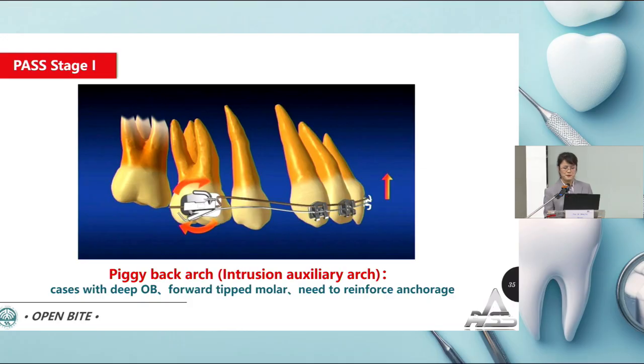The second step: if we face a deep overbite or forward-tipped molar cases, or cases that need to reinforce anchorage, we use a piggyback arch, which is tied on the anterior segment. We use it in cases with deep overbite, with forward-tipped molars, where we need to reinforce anchorage.